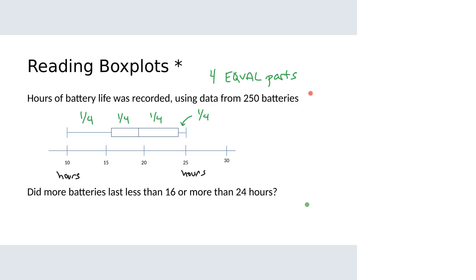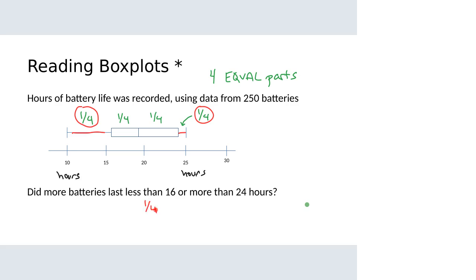Even though our brain wants to say there's got to be a lot more data points in that huge section than in this little bitty line over here, because we know what quartiles do, that's not the case. There are the exact same number of data points here as there are here.